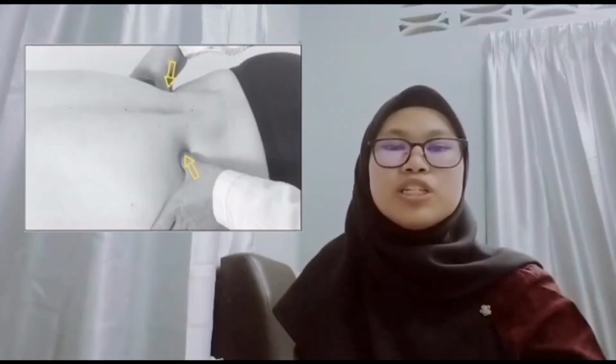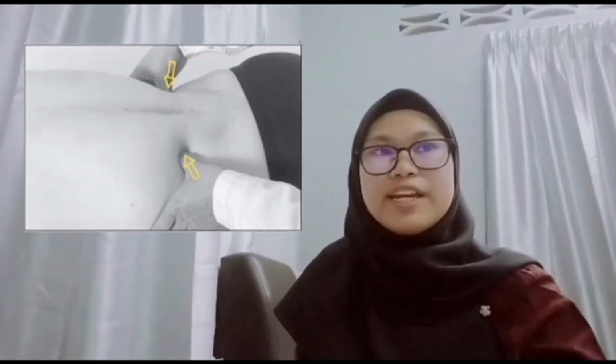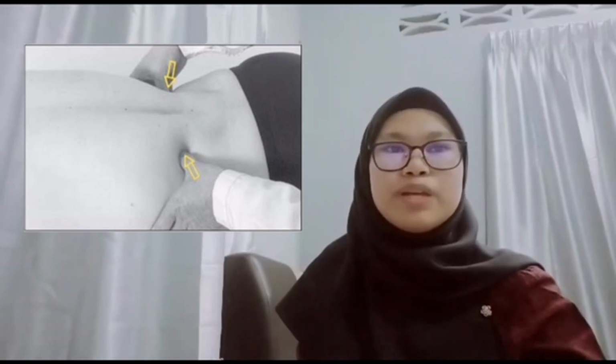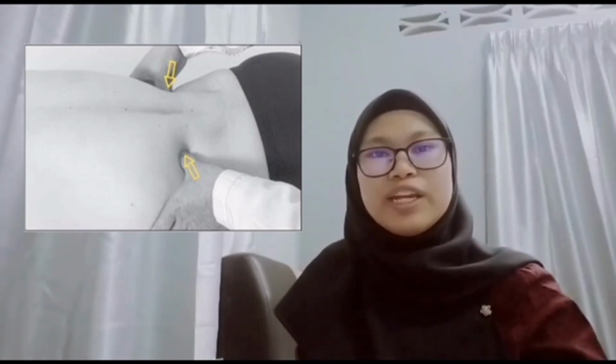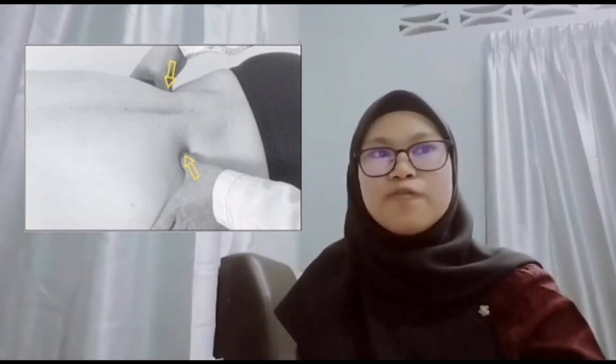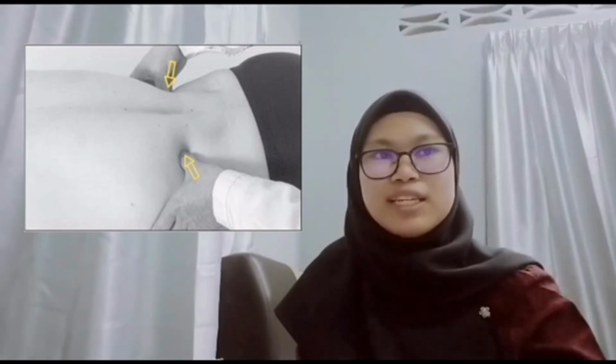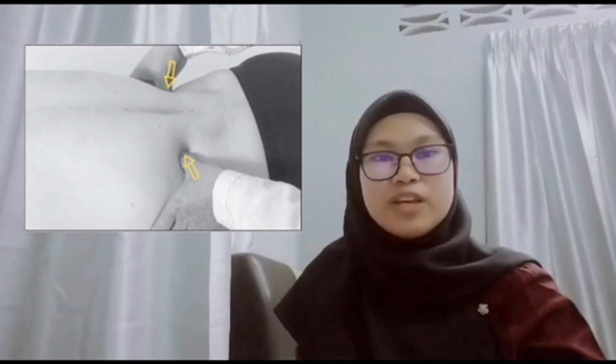First, position the patient in prone lying, stand at the side of the patient, and locate the spinous processes of the thoracic vertebrae with the fingertips.